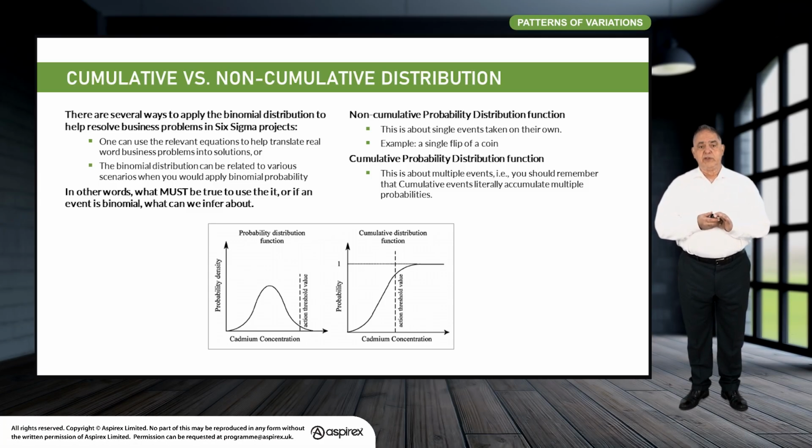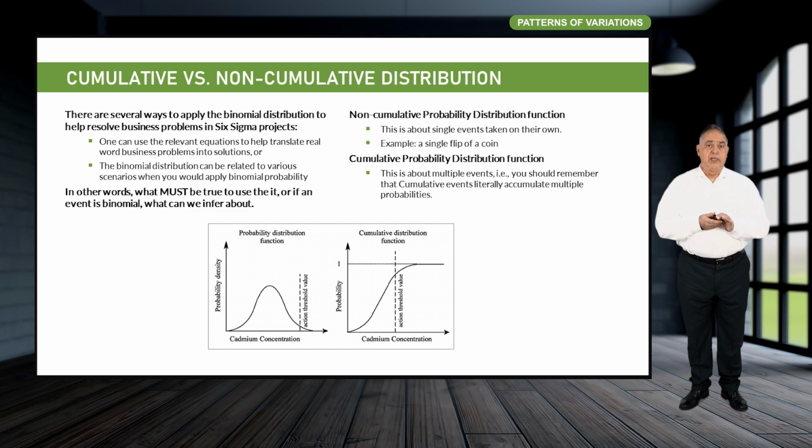One can use the relevant equations in order to help translate real-world business problems into statistical solutions, or the binomial distribution can be related to various scenarios where you could apply the binomial probability. In other words, what must be true in order to use it, or if an event is binomial, what can we infer about it?